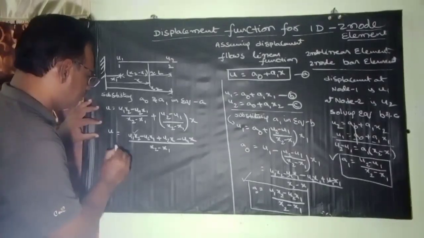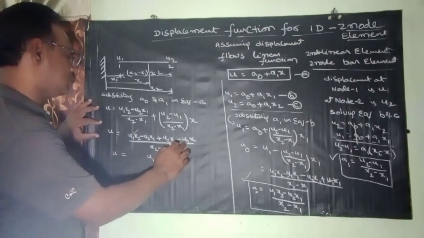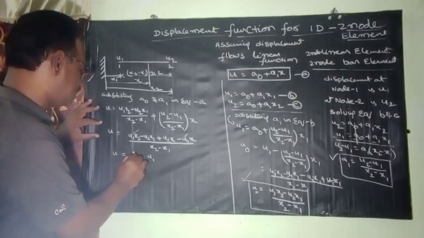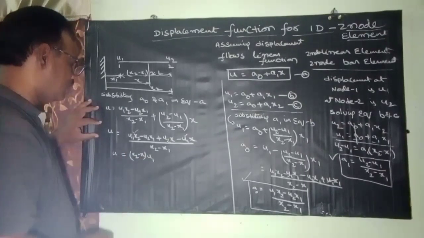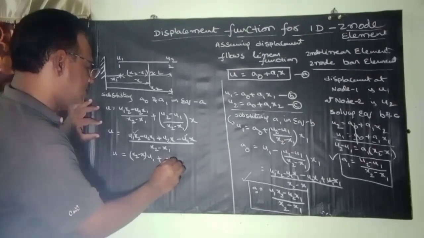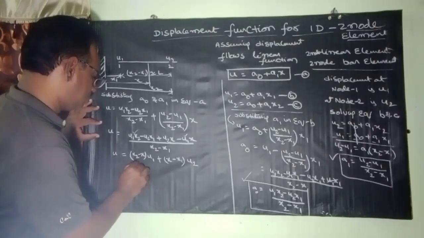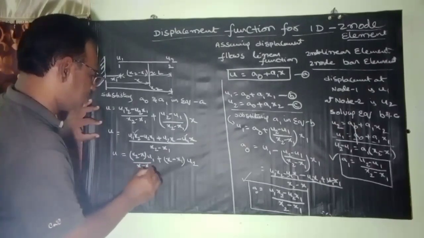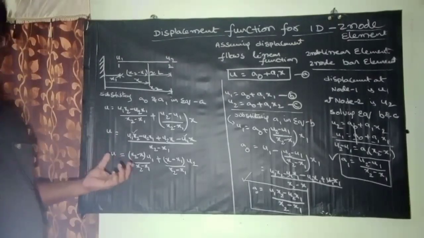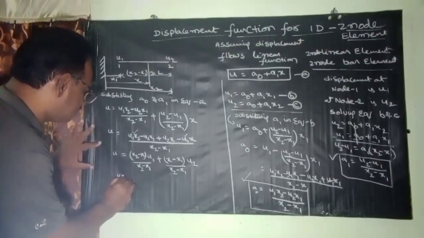That is u equals, first taking u1 outside, x2 minus x into u1, plus x minus x1 into u2, each divided by x2 minus x1.